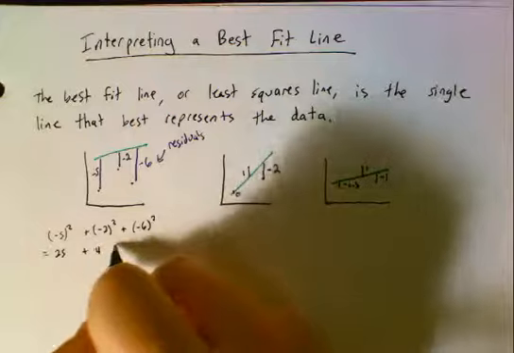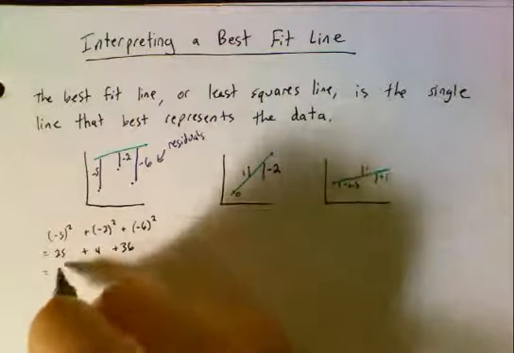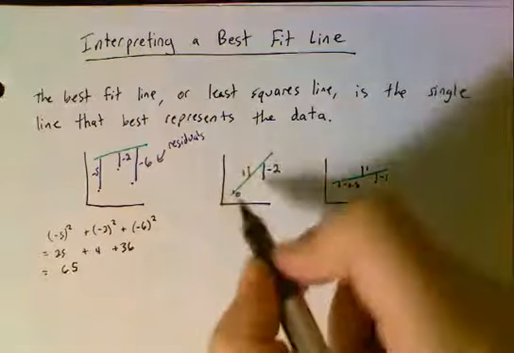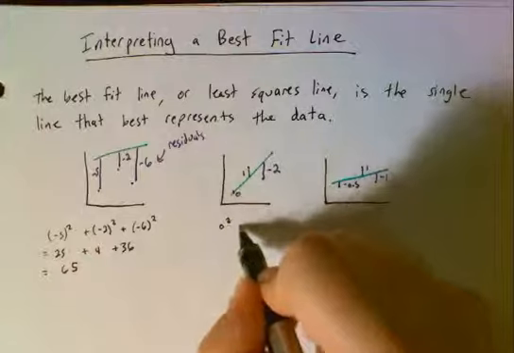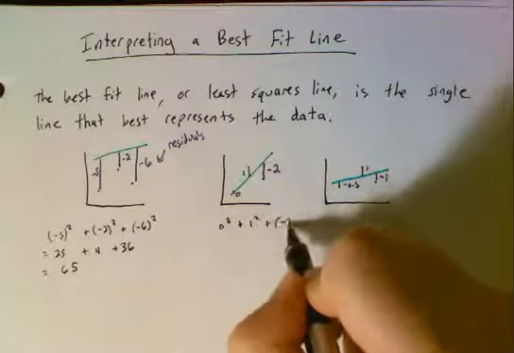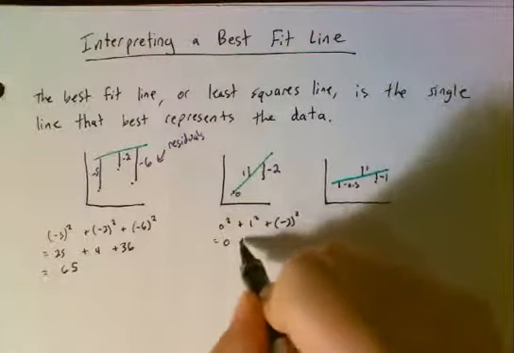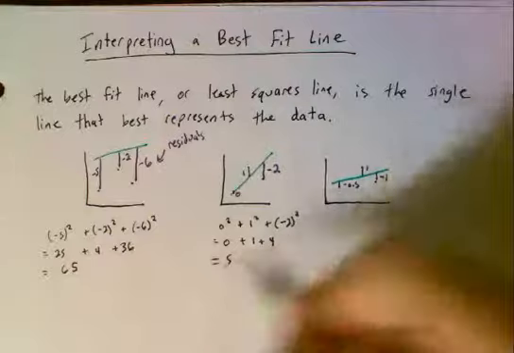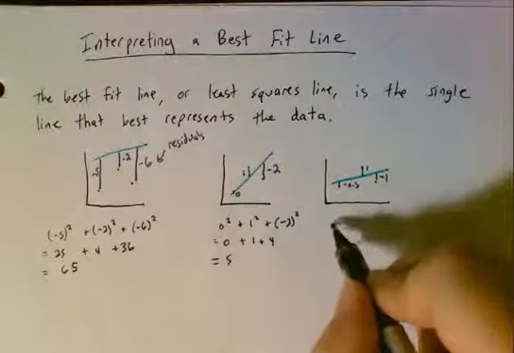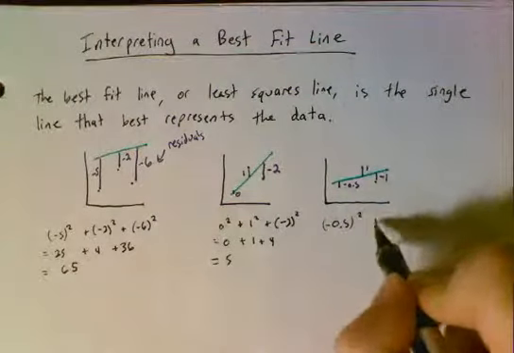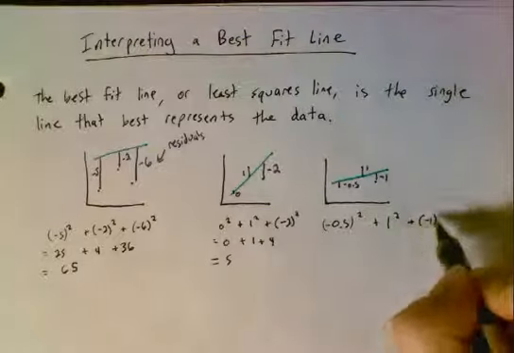So 25 plus 4 plus 36. And this one, 0 squared plus 1 squared plus -2 squared. And this one, -0.5 squared plus 1 squared plus -1 squared.